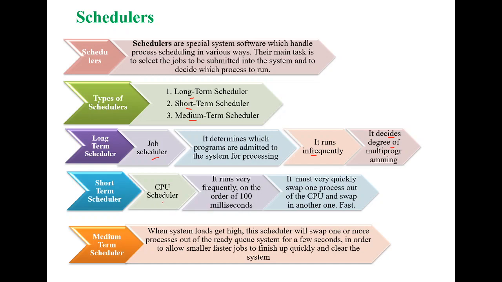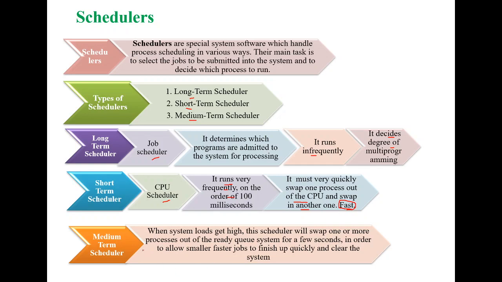Short-term schedulers are the CPU schedulers. They run very frequently, in the order of 100 milliseconds, and must very quickly swap one process out of the CPU and swap in another process for execution. That's why the short-term schedulers are faster.